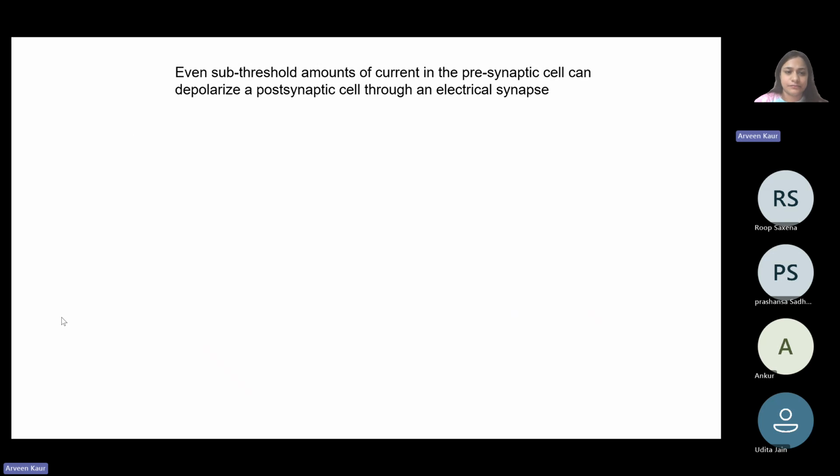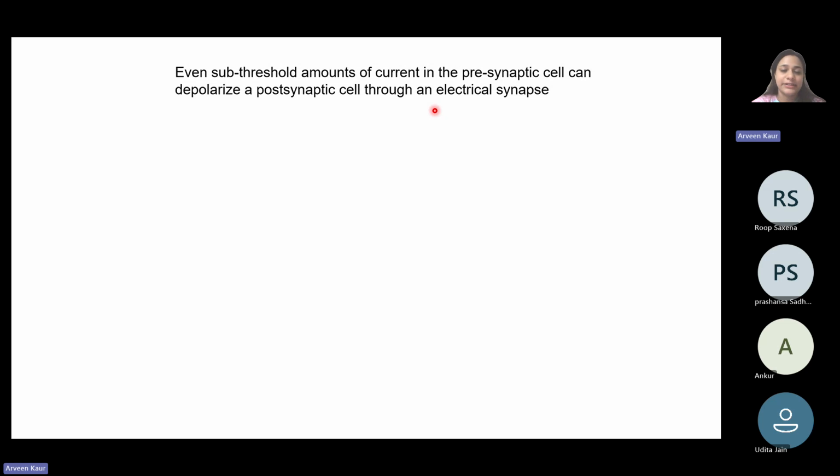So even sub-threshold amounts of current in the presynaptic cell can depolarize a postsynaptic cell through an electrical synapse, right? So in an electrical synapse, the action potential is not entirely important. Even if there are sub-threshold potentials that cannot reach the threshold value needed to obtain an action potential, it will still be able to go through an electrical synapse.